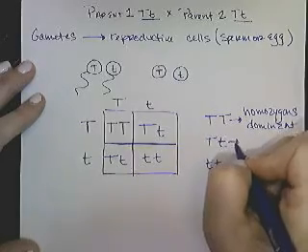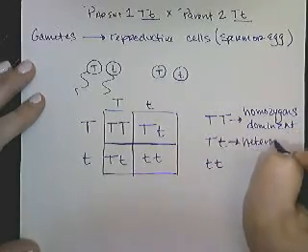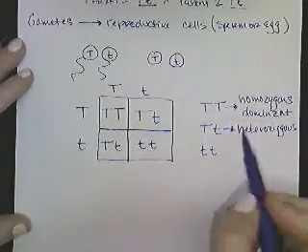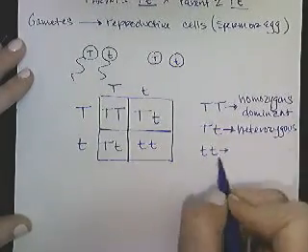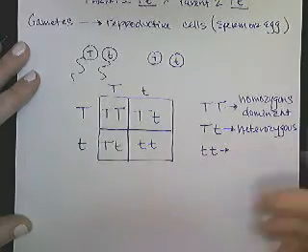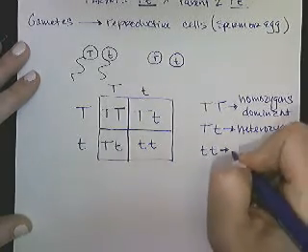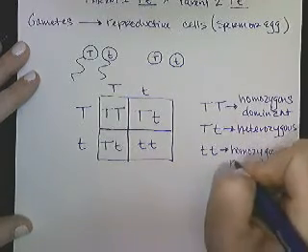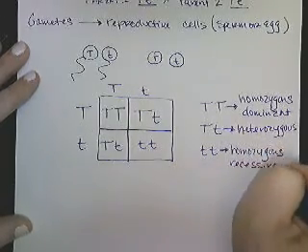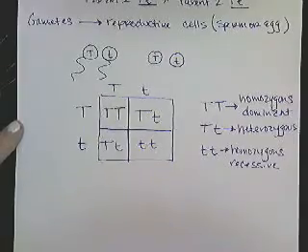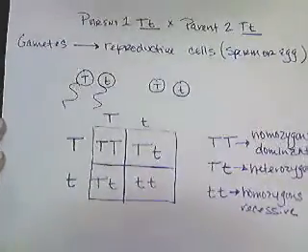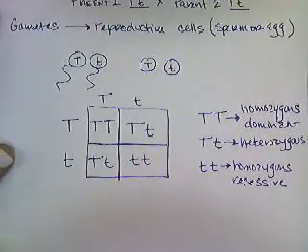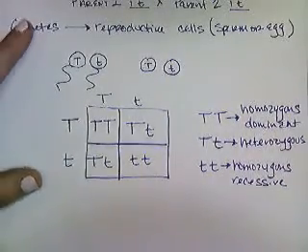Here we have heterozygous forms of that gene. And here we have homozygous, but in this case they're two lowercase, so it's homozygous recessive. So those are the possible genotypes from a cross between two heterozygous parents. This is a classical Mendelian monohybrid cross between two heterozygous parents.